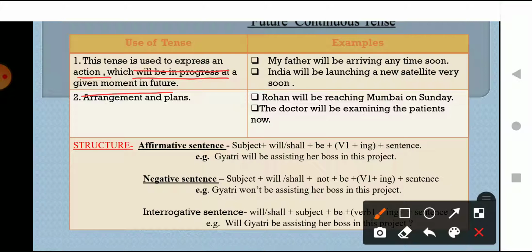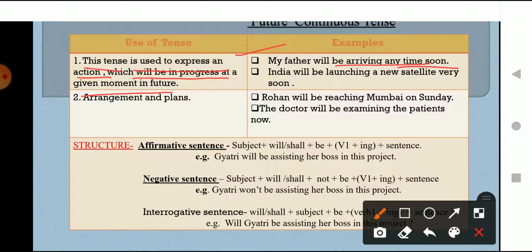Let's take an example, and then I hope it will be more clear to you. First one is, my father will be arriving anytime soon. As you can see, the action here is arriving, and it is going to happen in the future in a progressive form.